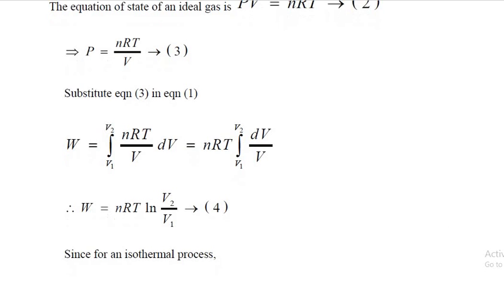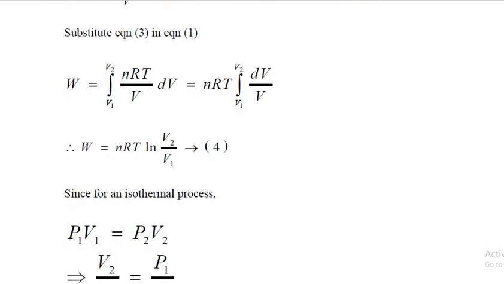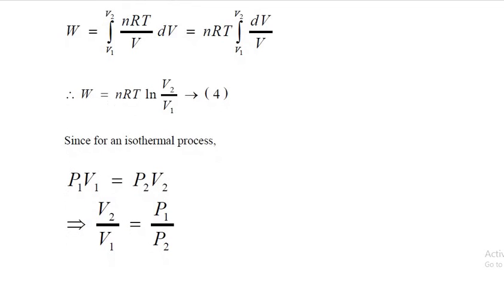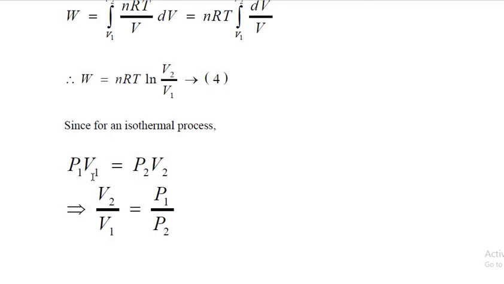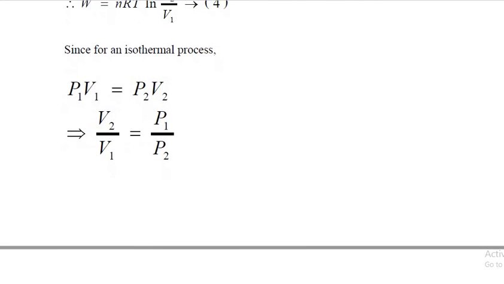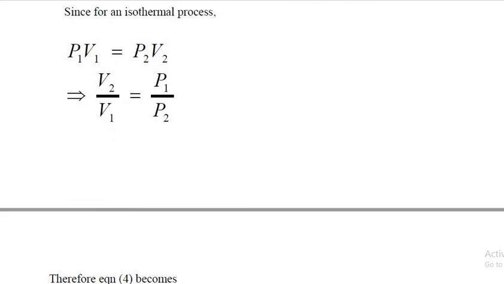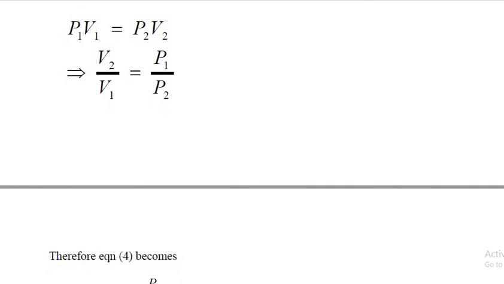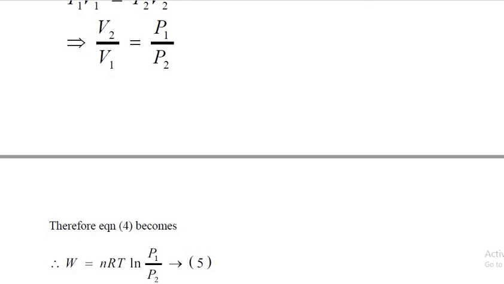Since for an isothermal process P1 V1 is equal to P2 V2, by cross multiplication we can write V2 by V1 is equal to P1 by P2. So in place of V2 by V1 we can write P1 by P2. Therefore W is equal to nRT ln P1 by P2.